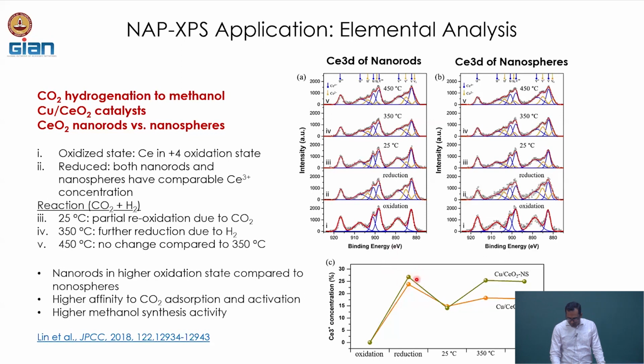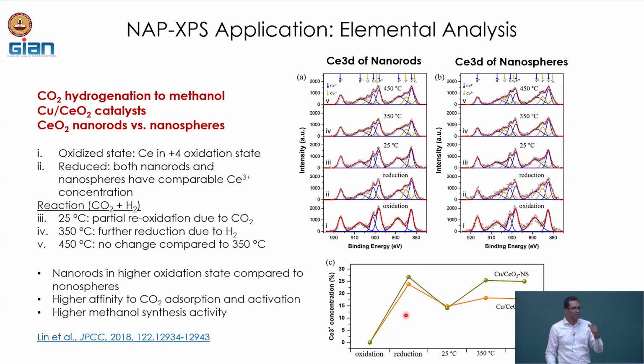And then at room temperature, when we exposed this reduced material to hydrogen and CO2, because CO2 is a mild oxidant, CO2 slightly oxidizes some of the reduced cerium, and hence the cerium 3+ concentration has gone down. But now under the same gas flow, that is CO2 plus H2, we are increasing the temperature.